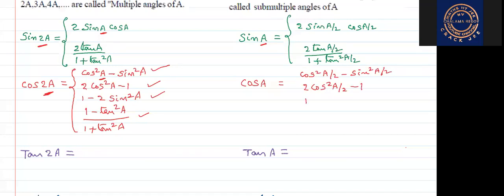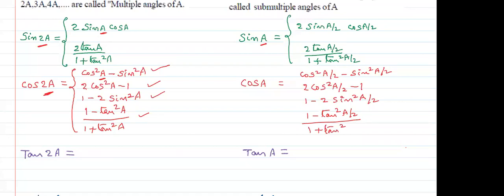In terms of sine, what is the formula, students? 1 minus 2 sine square a by 2. In terms of tan, that is 1 minus tan square a by 2 divided by 1 plus tan square a by 2. These are the formulas of sin 2a and cos 2a, multiple angles and submultiple angles.